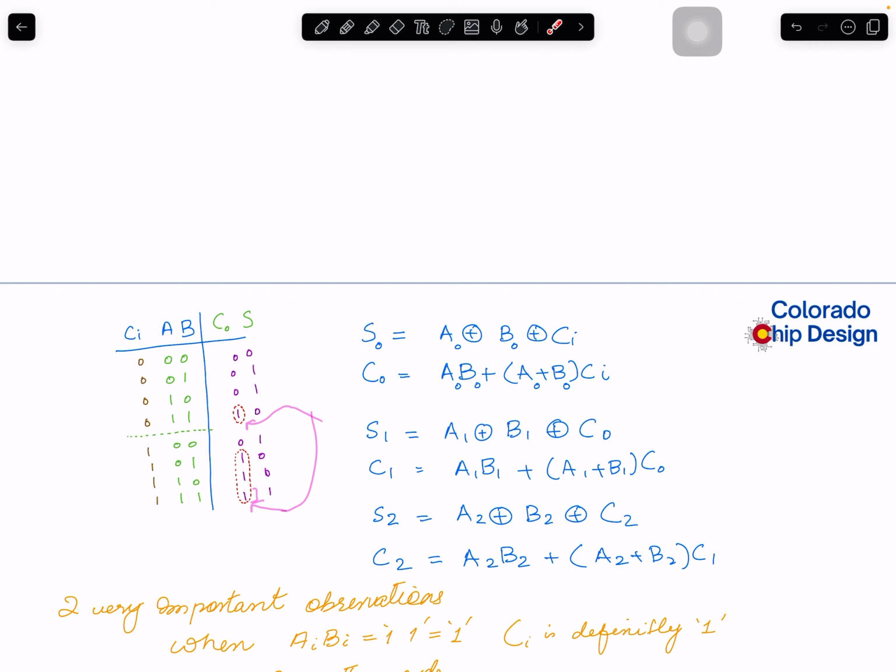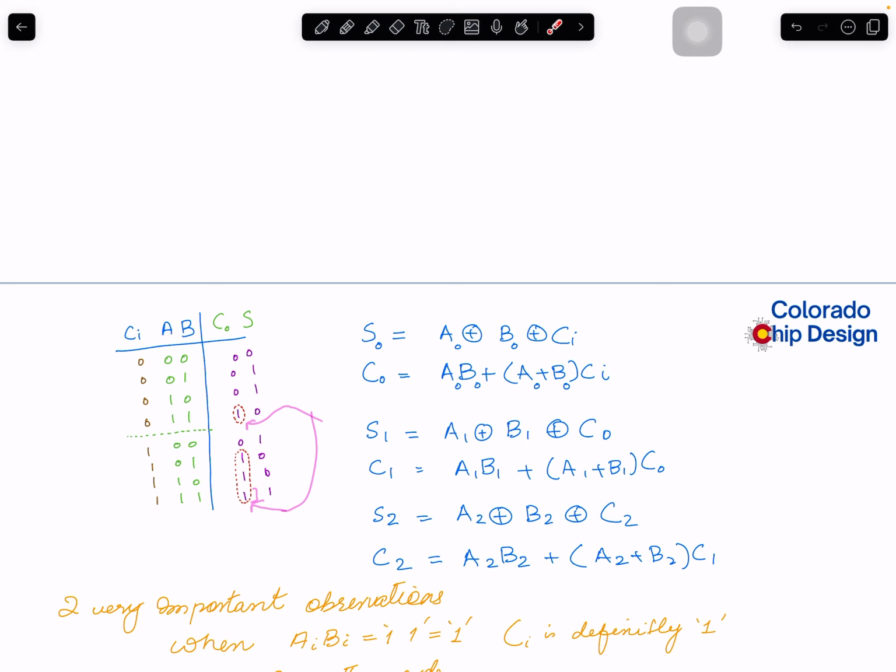And propagate means for what combinations the carry output becomes exactly like the carry input. In that case, we can say it's just moving or propagating the carry to the output. So if we know these two scenarios, then we can predict that a full adder will for sure have a carry output of 1. Again, what are those scenarios?